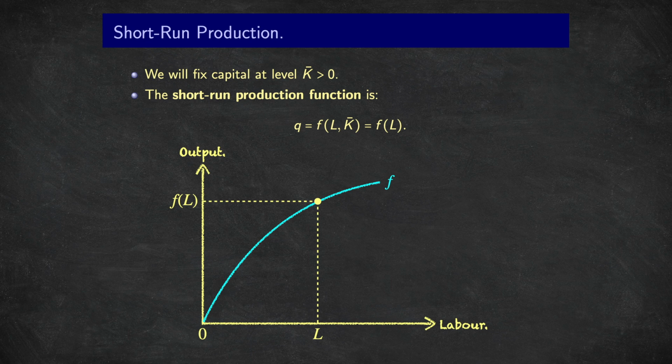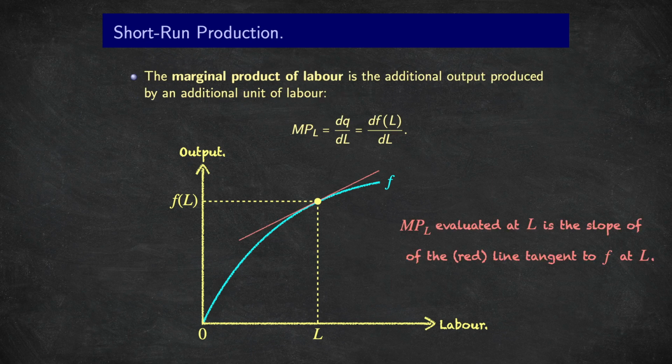Now, using this short-run production function, there are several concepts that will be of great use as we proceed. The first is the idea of the marginal product of labour. Let's define this in words, in maths, and diagrammatically. That's what we typically want to do when defining ideas in economics: words, maths, and pictures.